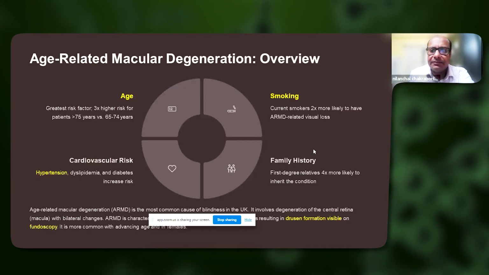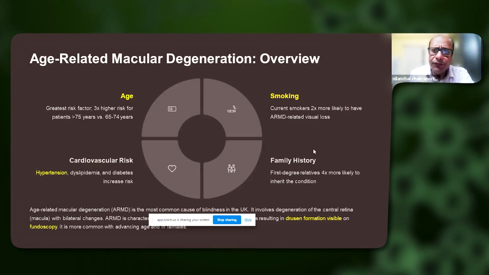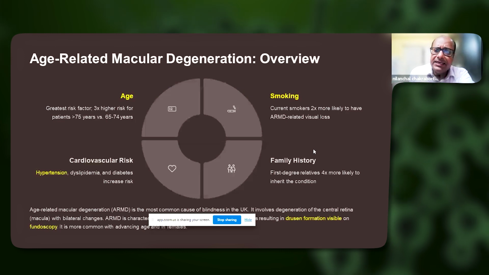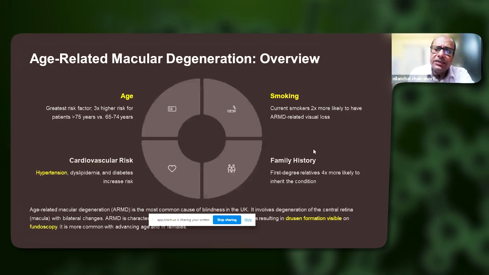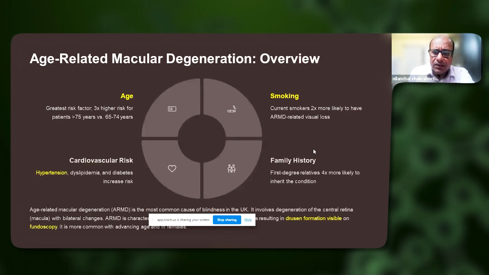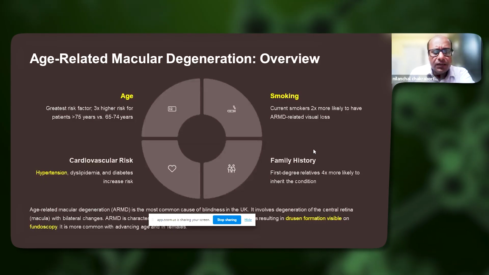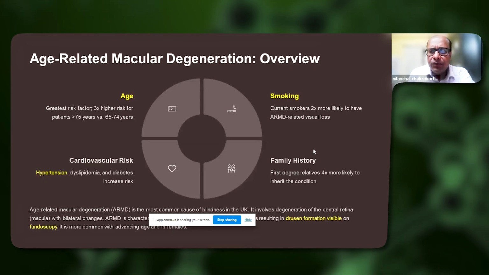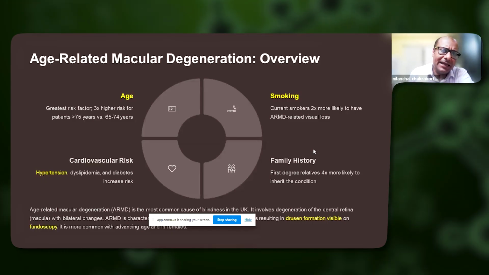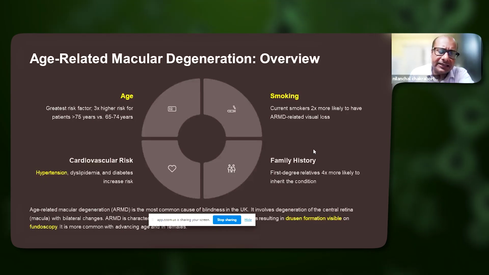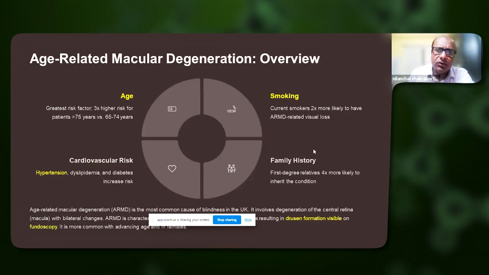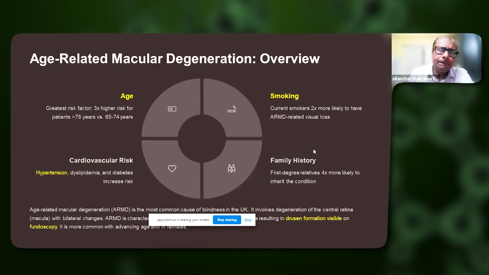And of course, if there is a family history, he or she has 4 times the risk to inherit the condition. So in fundoscopy, there will be drusen formation visible. That is pathognomonic.